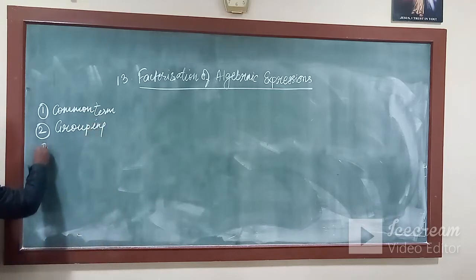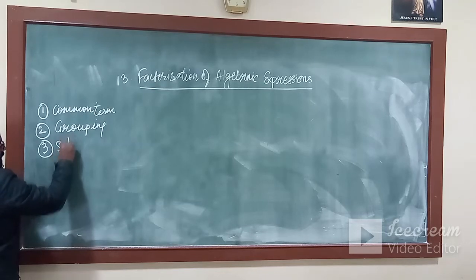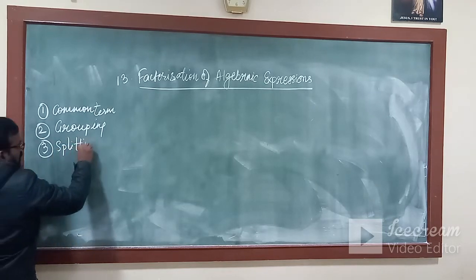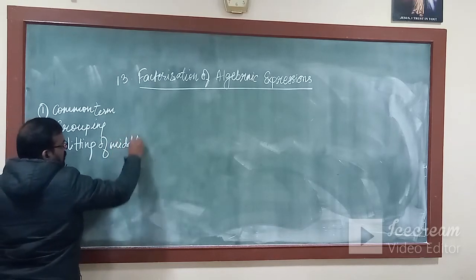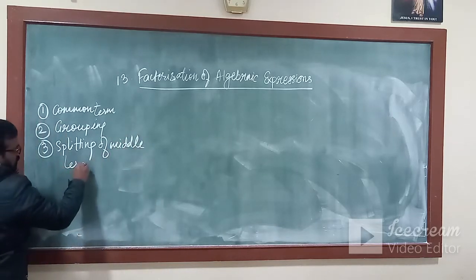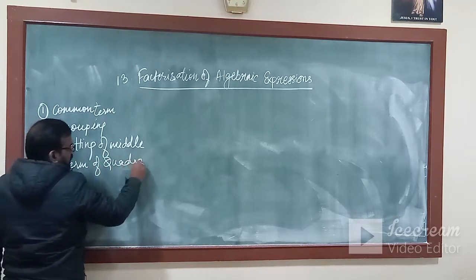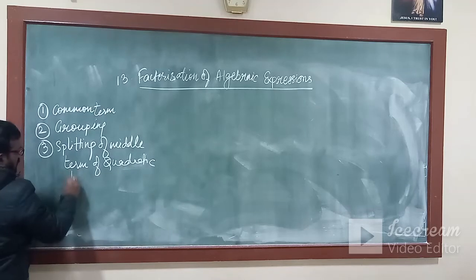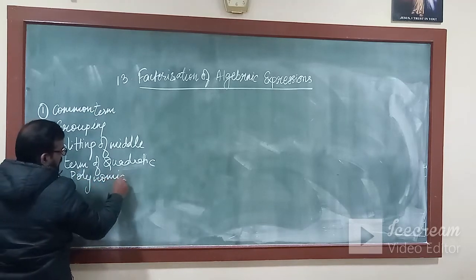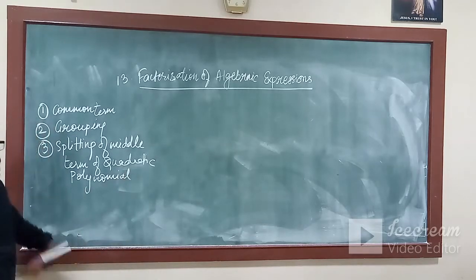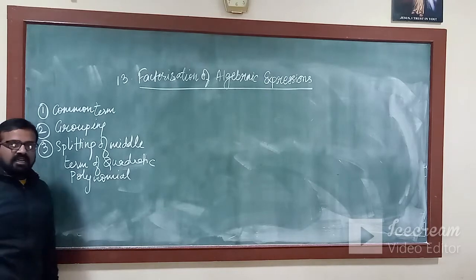And third is we will use the identity, that is splitting of the middle term of a quadratic polynomial. So these are the three methods, and we will study these methods as well as use a few algebraic identities to factorize any algebraic expression.